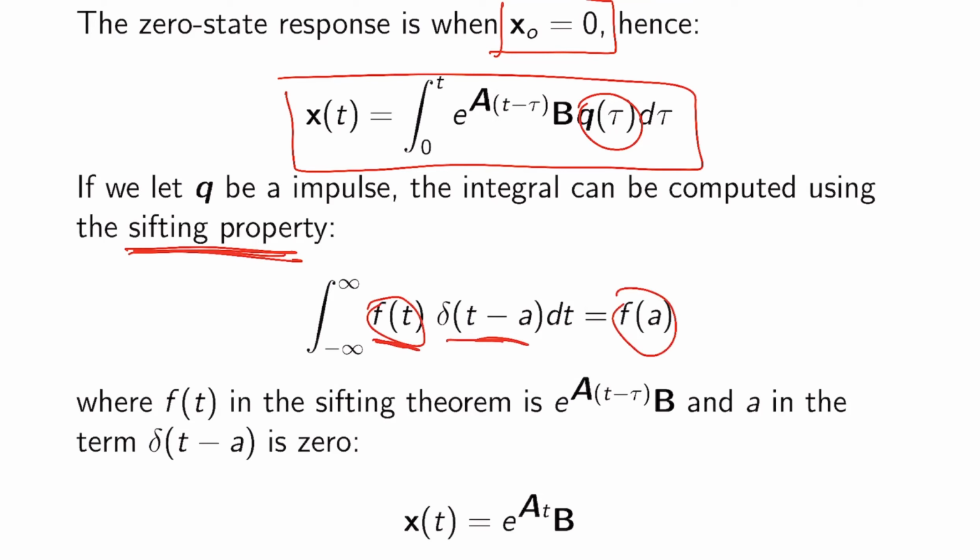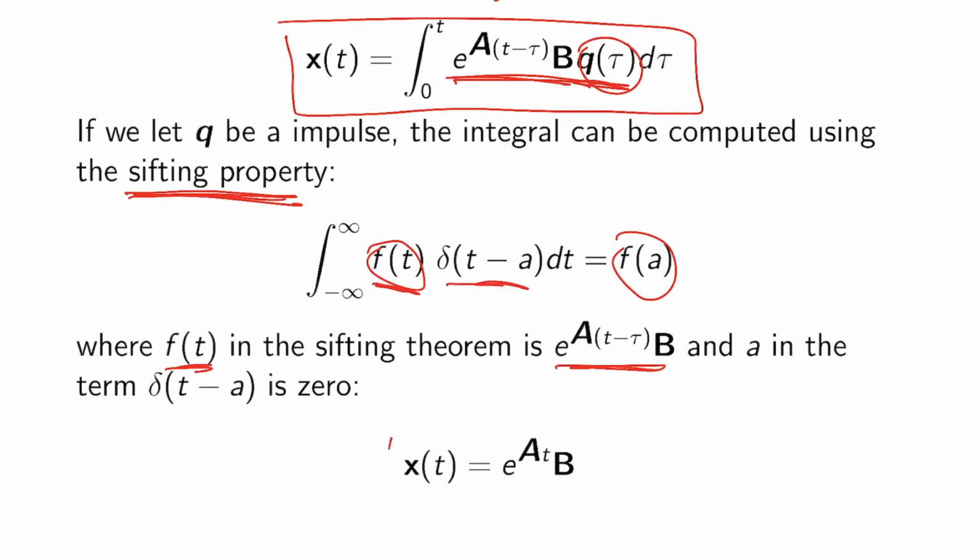So f of t is equivalent to e to the A t times B. And then this is the impulse. If I apply the impulse at A, I effectively get this. So if I apply a unit impulse to the system at time 0, I basically get this. So that's the time domain solution for a unit impulse.